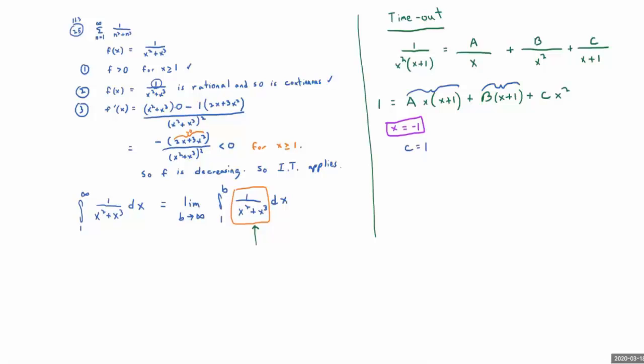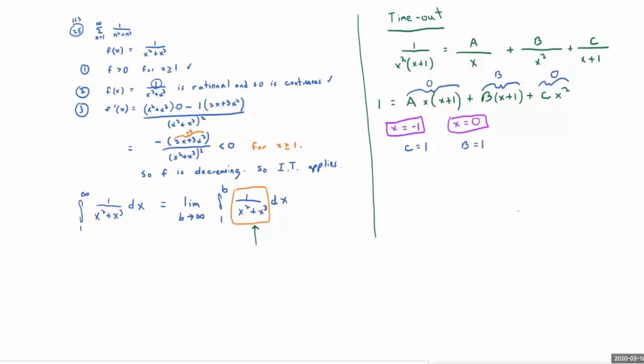What's another value? How about x equals 0? If x equals 0, this term is 0. This whole term is not 0; it's b. And then this whole term is 0. So we get b equals 1.